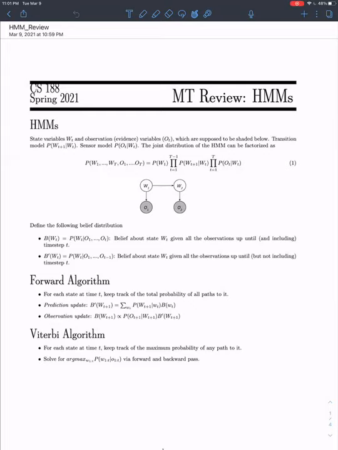So you have these state variables and these evidence variables. You just see two of them here, but really it goes on to W3 and O3, which is shaded, and W4 and O4, and so on. And you get these transition models.